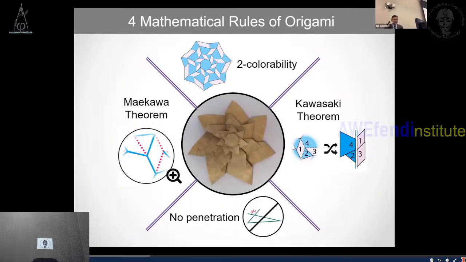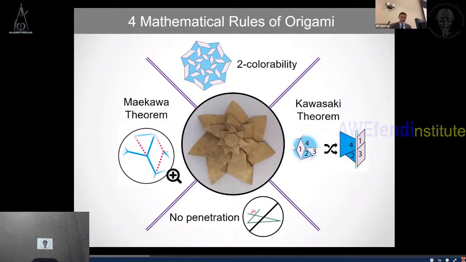Origami has 4 basic mathematical rules. That's it, 4 mathematical rules. And if you think, for example, of quantum mechanics, you have specific rules, but they govern the entire field of quantum mechanics, the entire field of chemistry, and so on. And similarly, in origami, we have these 4 rules.